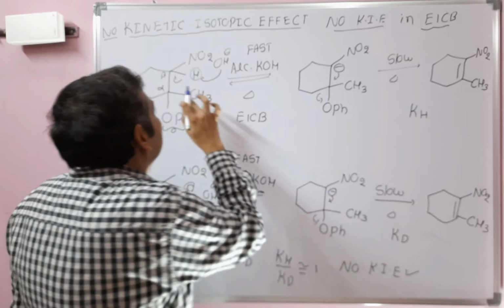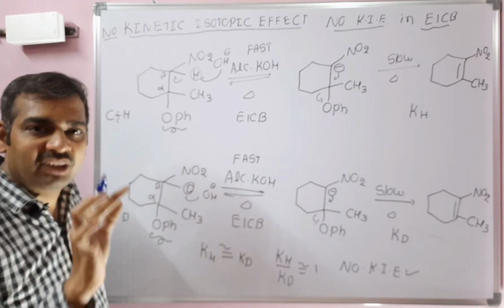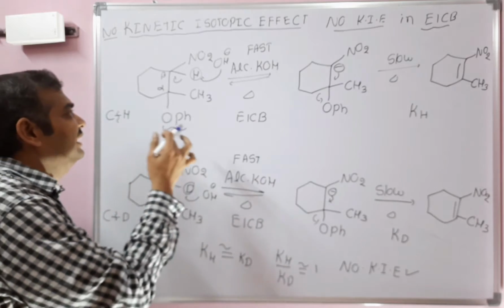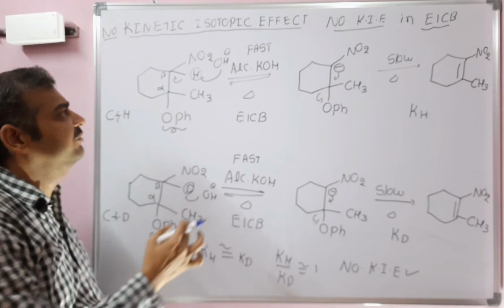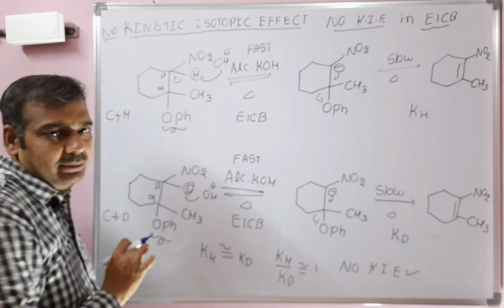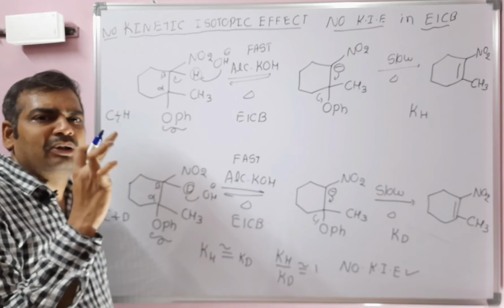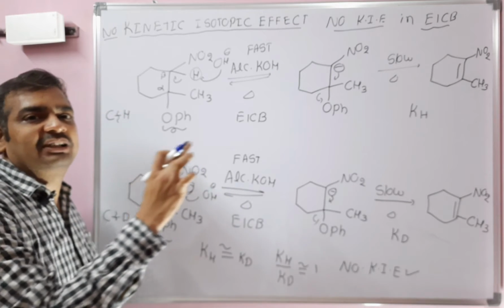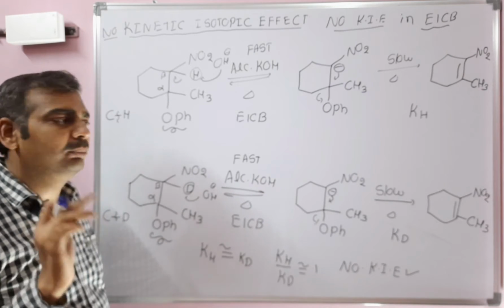Since the CH bond or CD bond or CT bond is cleaving in the fast step, whether it is CH, CD or CT is not a matter, it is breaking immediately. The rate of reaction is not depending on this step. That's why those reactions in which the CH bond is cleaved at a faster step will not have a kinetic isotopic effect.